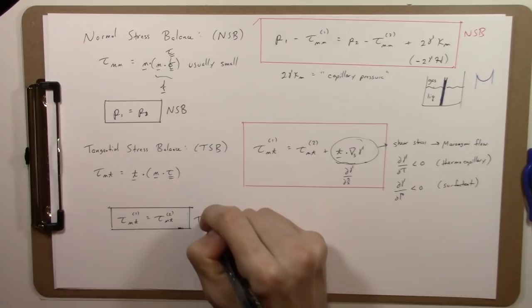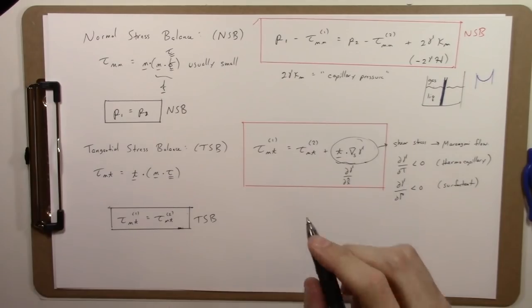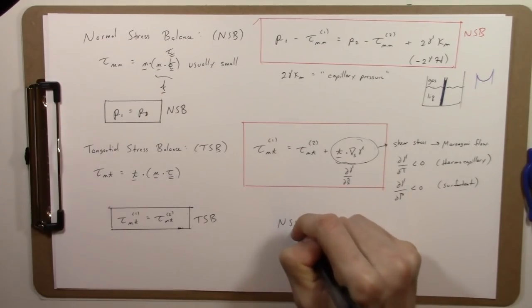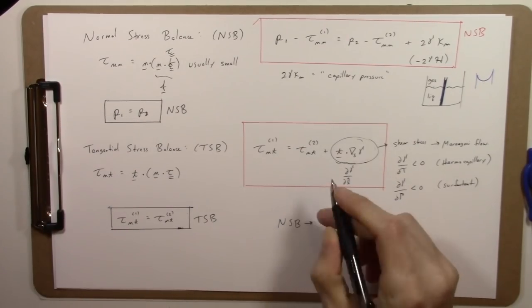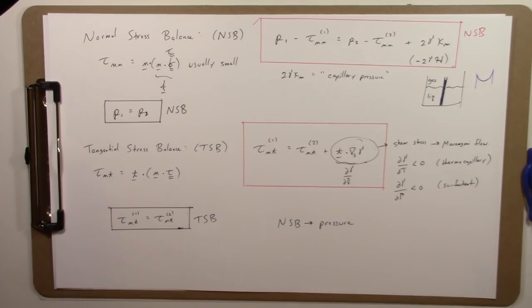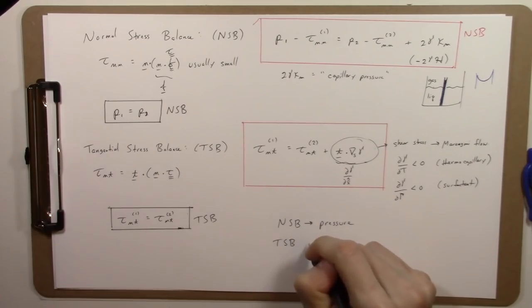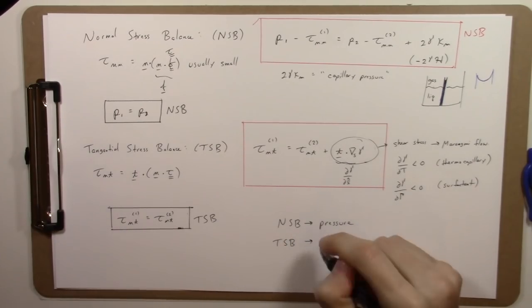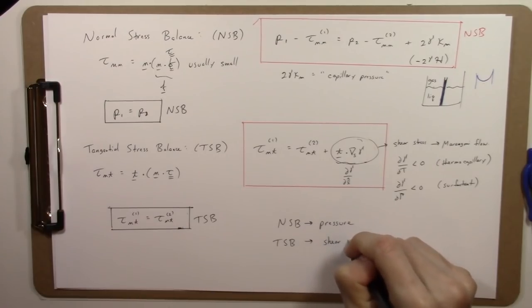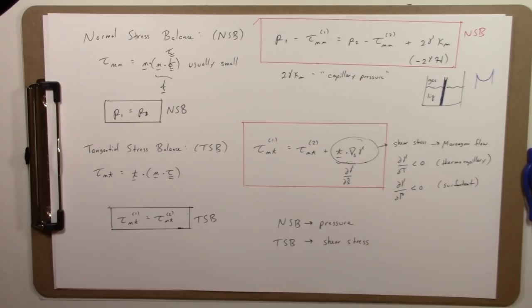This is our simplified tangential stress balance in this class. So to summarize, for most problems we're going to look at, the normal stress balance gives us an expression for the pressure at a fluid-fluid interface, typically a liquid-gas interface, and the tangential stress balance will specify the shear stress at an interface.